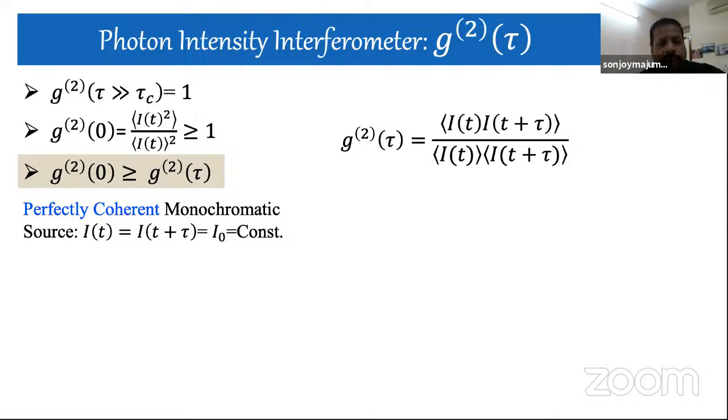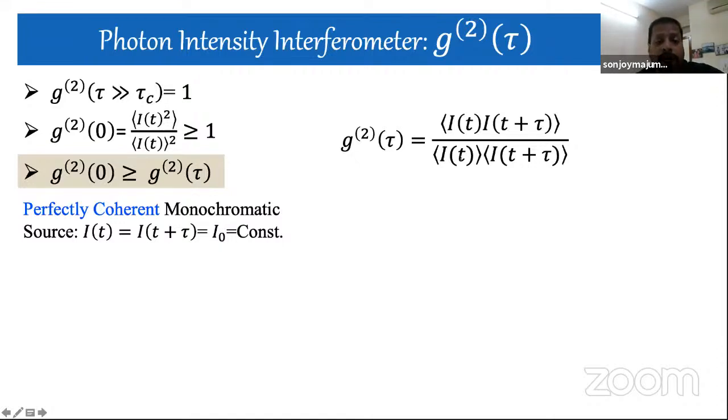Now, in the case of perfectly coherent monochromatic light, there is no fluctuation, so delta I over the time period will be 0. Then I(t) will be the same as I(t plus tau), and that is constant, I0.